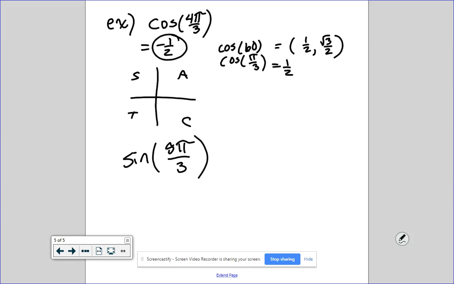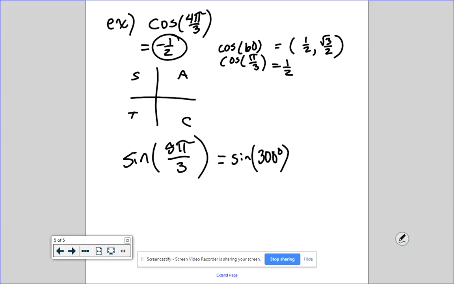Sine of 5 pi over 3. So, 5 pi over 3 is what in degrees? Look at the circle we just made. 300. It's 300, right? 60 still. Yep. You're still in the 60-degree bow tie.